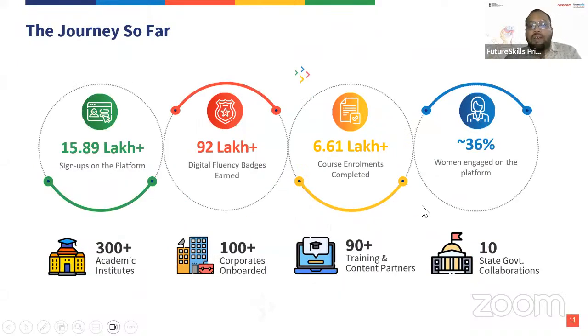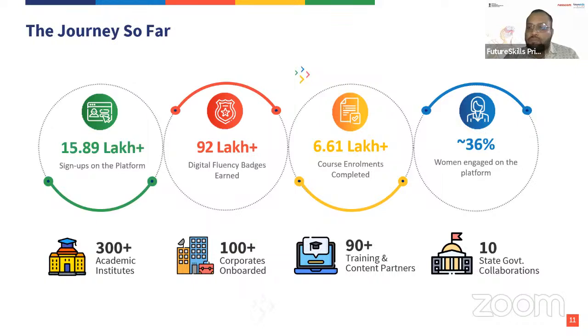Now, as a platform, we have had a huge success so far. The journey so far is that we have close to 1.6 million users already signed up on the platform. And we have 92 lakh plus digital fluency badges already issued, 6.61 lakh plus course enrollments and completions.